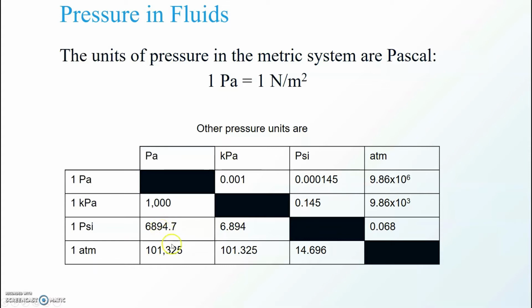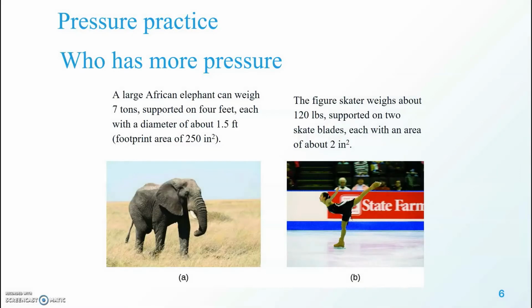And then atmospheres: 14.7 psi for 1 atmosphere, or 101,325 pascals. And that is 1 atmosphere, the atmospheric pressure at sea level.